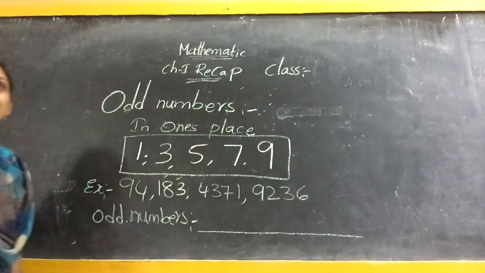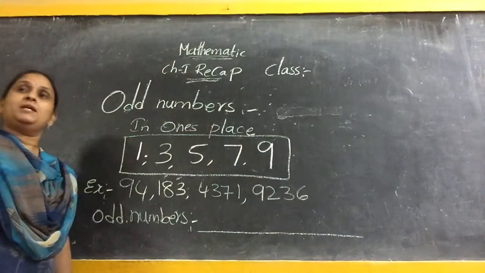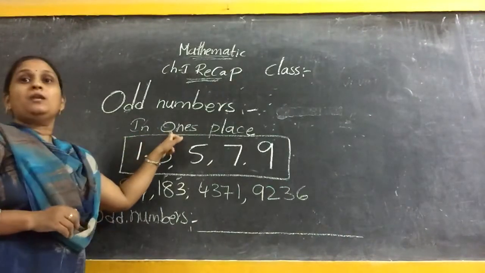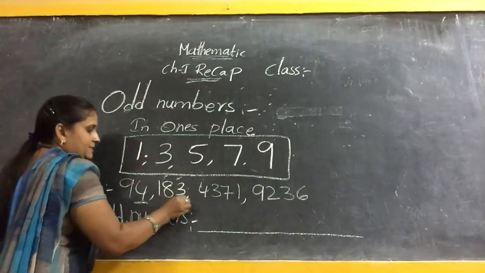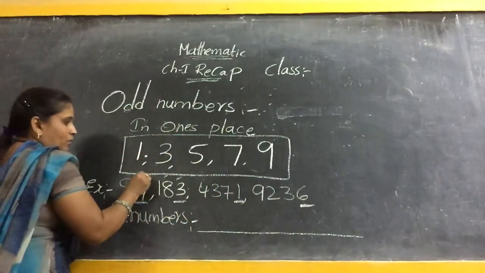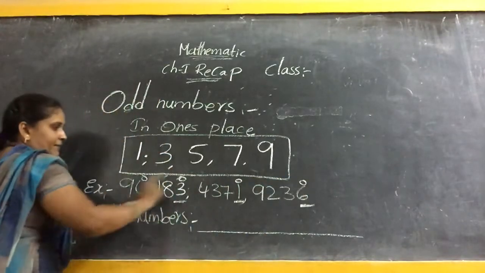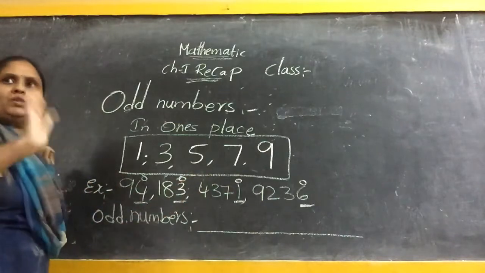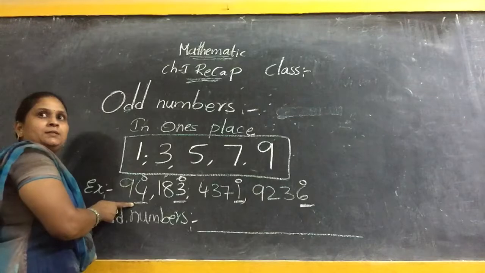What did I say for checking even numbers, which place do we check, children? Ones place. For odd numbers also, in which place do we have to check? In ones place. So underline the numbers in ones place and write the place values above. Now compare. Only the ones place you have to see. Don't check the rest of the digits.